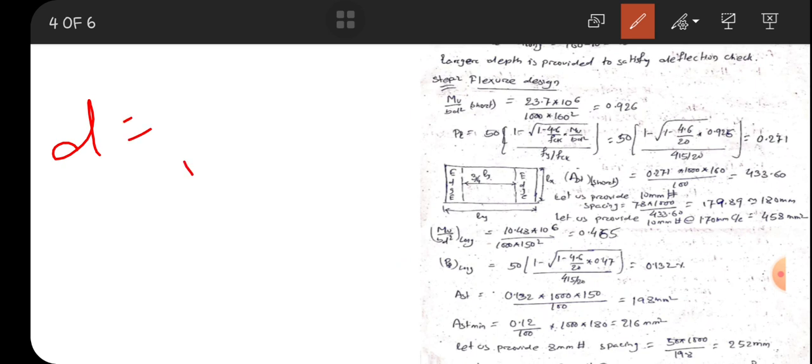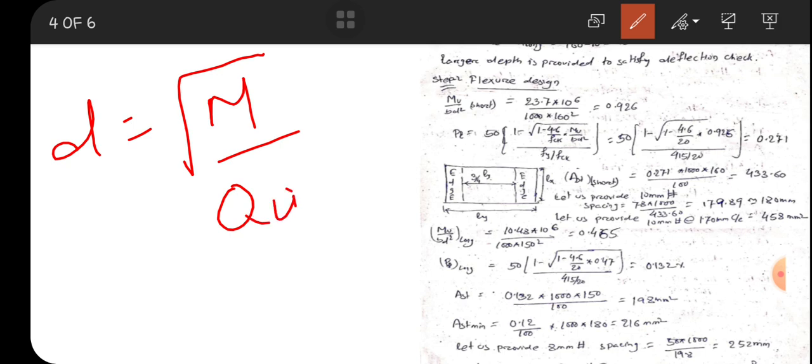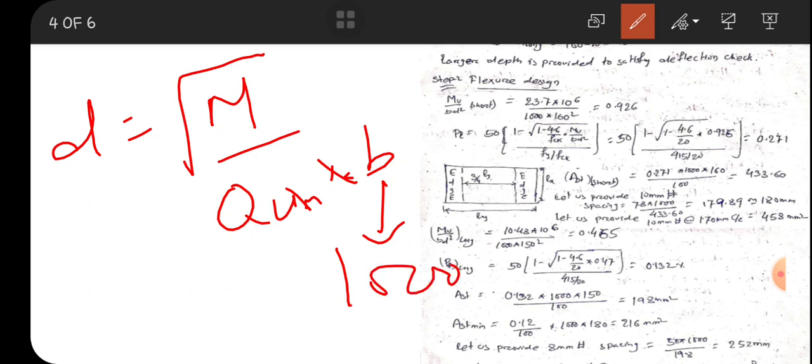From that we can calculate d is equal to square root of Mu by Q lim into b. As we are considering per meter width, therefore b is equal to 1000. M we have already calculated, that is maximum 23.7 into 10 power 6, and Q lim we have already calculated as 2.76.